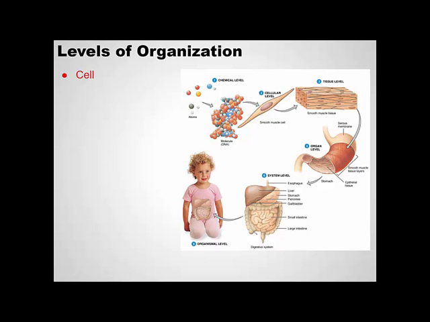In more complex organisms, however, like a human, which we're going to use as our example, cells are often organized into groups that complete a certain function. We call them tissues. So here we have a single muscle cell. But in some organisms like humans, those cells work together to form what we call a tissue.